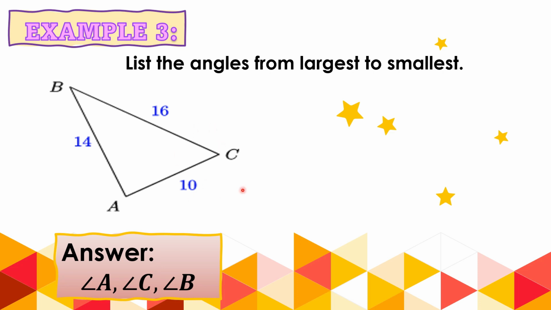Second is angle C, the larger angle, because it is the opposite of the longer side, which is side AB. And lastly, angle B is the smallest angle because it is the opposite of the shortest side, which is side AC.